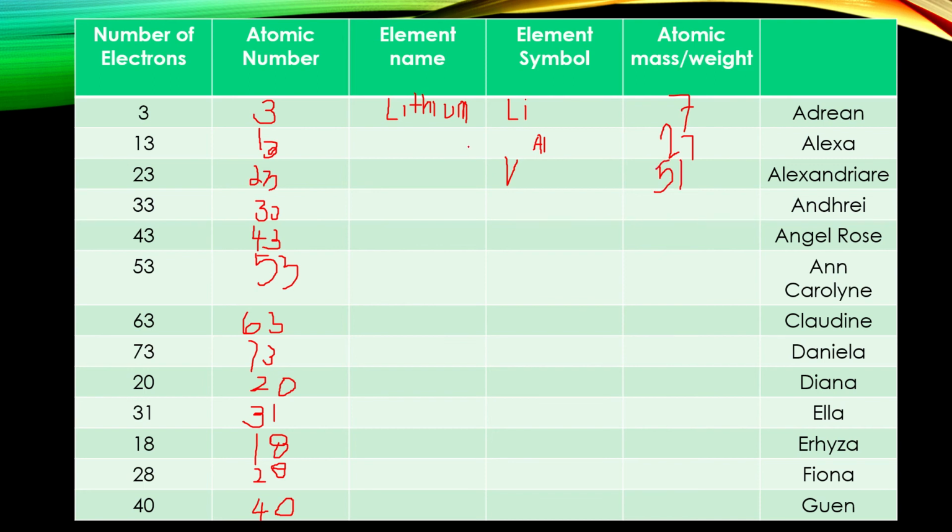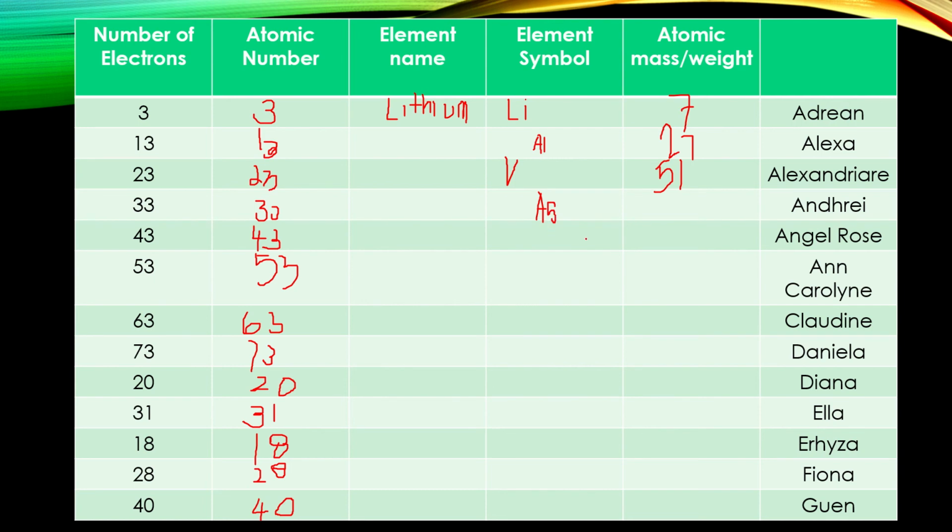Next, atomic number 33. Atomic number 33, the element will be arsenic. The element symbol for arsenic is As. How about the atomic mass for arsenic?